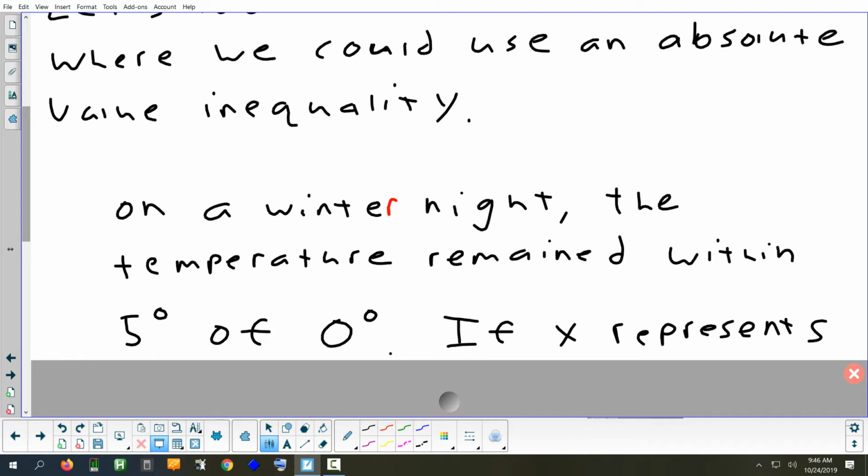So what would that mean? What's the warmest it could have gotten? 5 degrees. And it could have gotten as cold as what? -5. It's always within 5 degrees of zero, either +5 or -5.